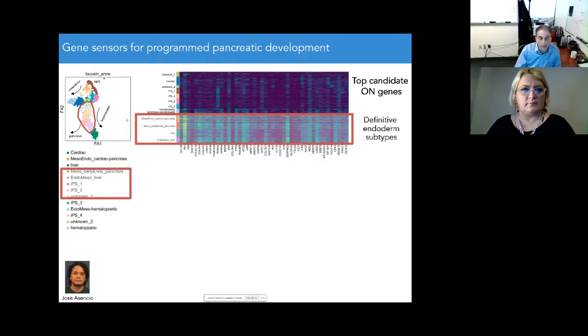There's actually 4 different lineages, so it's not just even one single lineage. And different genes express in different ways in endoderm versus the other cell types. But importantly, there's no magic gene that just turns on only in endoderm. There's always like a little bit of expression in other cell types.